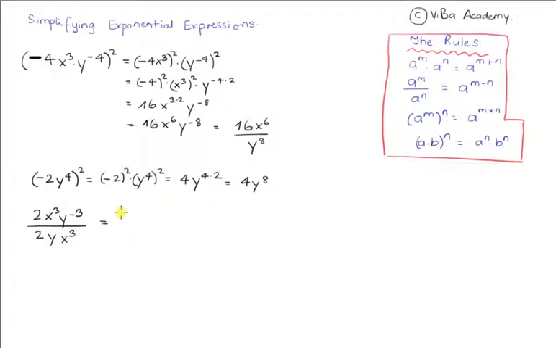So I like to rearrange a little bit and just visualize things slightly better. So I'm going to leave this as 2x cubed y raised to negative 3, but in the denominator I'm going to make it 2x cubed y. Since it's y times x cubed, it's a product, it doesn't matter what order I write it in. So I'm just rearranging it to help me visualize better.